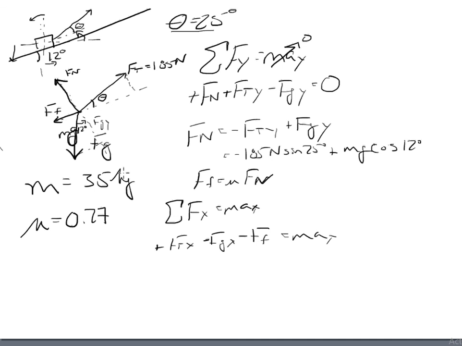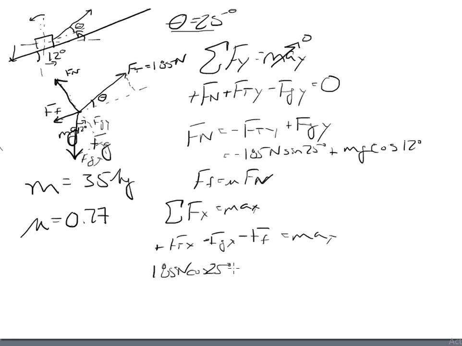Force tension in the x is going to be a little bit of trig. That's that 25 and is adjacent to that. So that should be 185 cosine of, what is that, 25? Yeah, 25 degrees. Force gravity in the x, I use this triangle once again, and I'll see that my force gravity in the x here is actually opposite of 12.